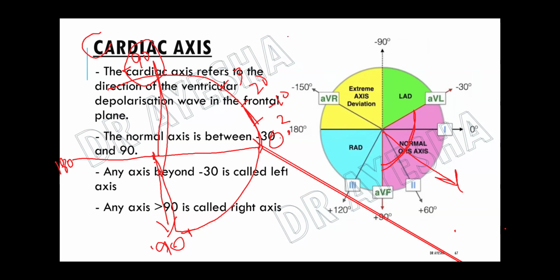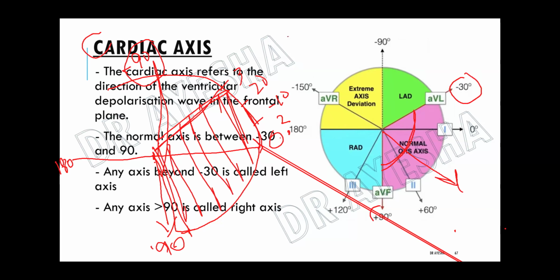So from -30 to +90, this is our normal axis. You have to remember this because your question was related to the degrees.